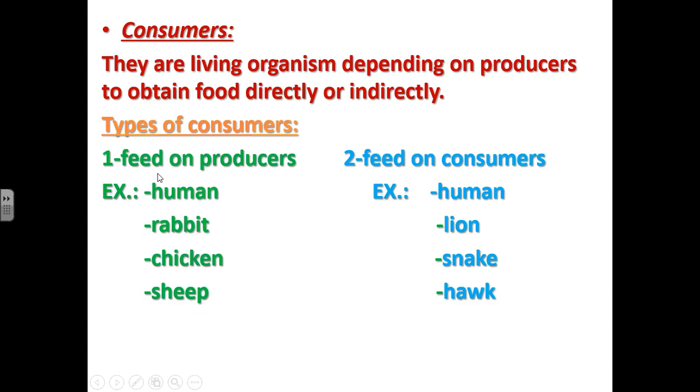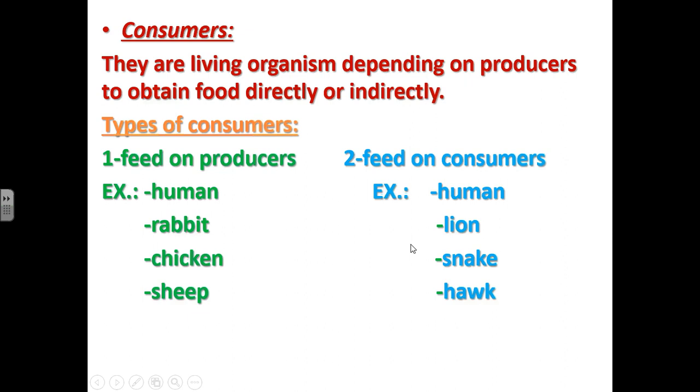Directly means they feed on producers. They eat the plant directly, like human, like rabbit, like chicken, sheep.